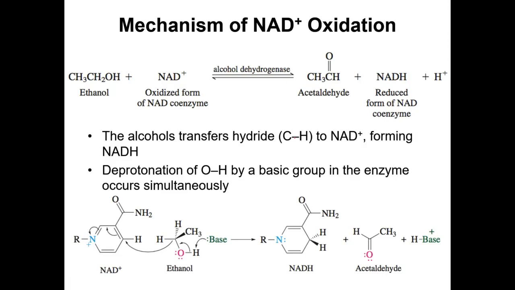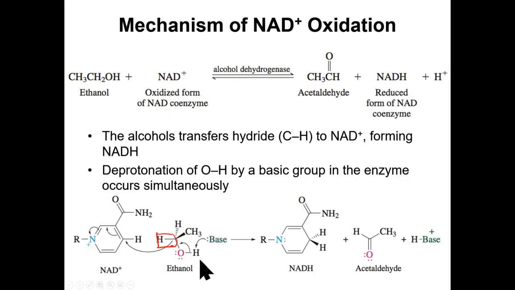Hydride means not only taking the proton, you're taking the hydrogen together with a pair of electrons. So it steals a hydride from the carbon next to the hydroxy group, and this can also be considered a kind of E2 elimination.